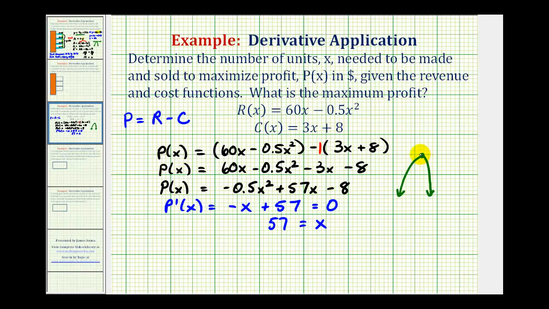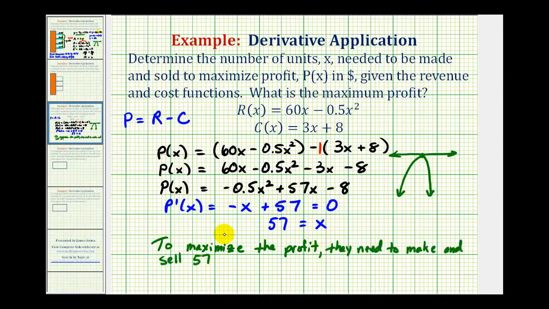And notice that at this point here, or the vertex, the slope of the tangent line would be 0, which means the derivative would be equal to 0 at this high point. The reason this is helpful is we now know that at x equals 57, we do have the maximum profit. But remember, x is the number of units, so to maximize the profit, they would need to make and sell 57 items, or units.